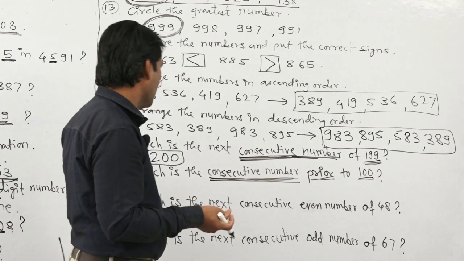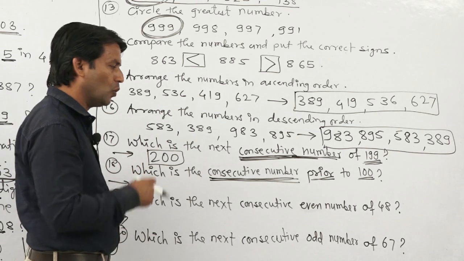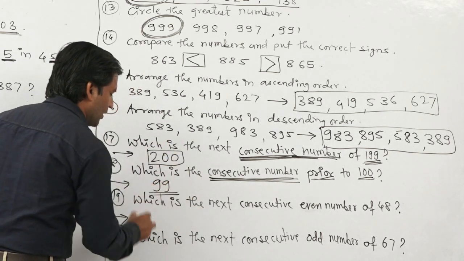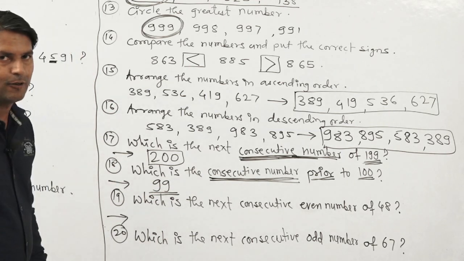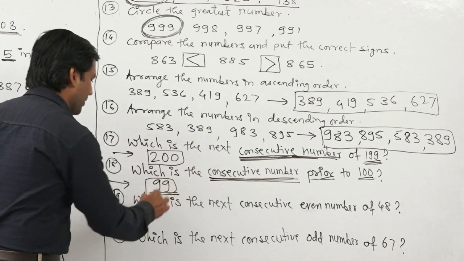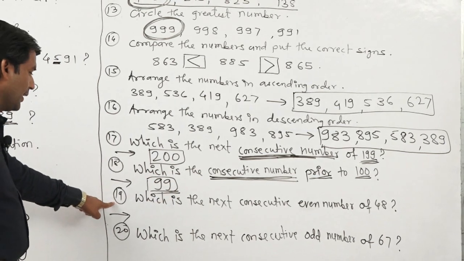Which one is the consecutive number prior? Prior means nothing but before 100, and that will be 99. Okay. So your answer is 99. After that, question number 19.